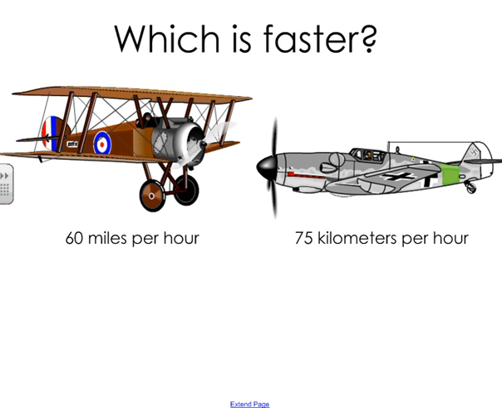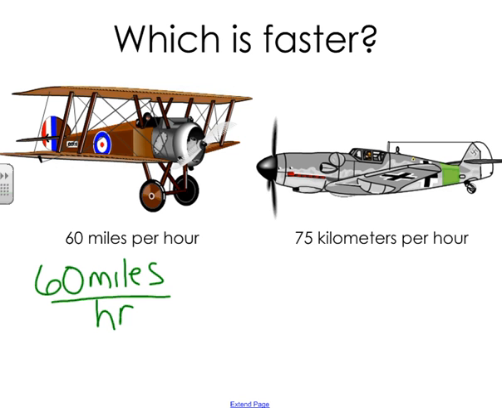Okay, next we're going to compare two airplanes and see which one is faster. Now the first one travels 60 miles per hour and the second one travels 75 kilometers per hour. I need to convert one into the other, so I'm going to pick the 60 miles per hour and I'm going to convert that into kilometers per hour.